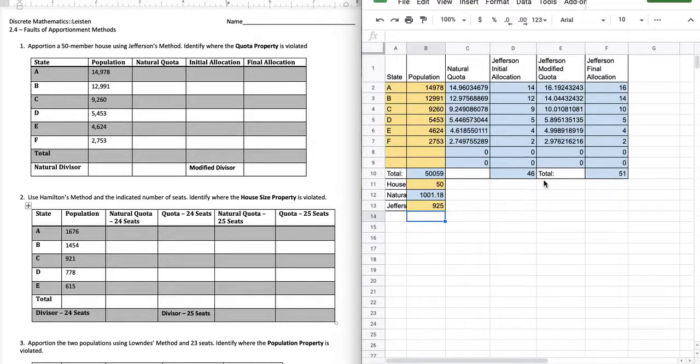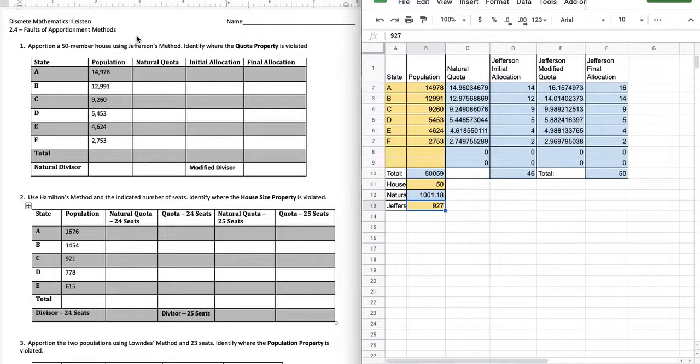Too many seats. So 950 was not enough. 925 was too many. How about 935? Not enough. So somewhere in between 925 and 935. 930, not enough. 927. There's a Jefferson divisor. Got that. I have my correct allocation.